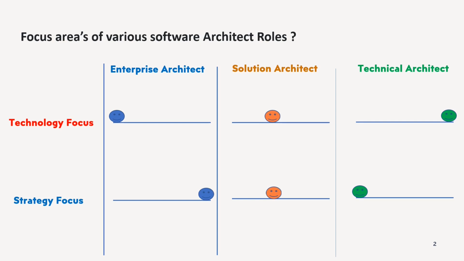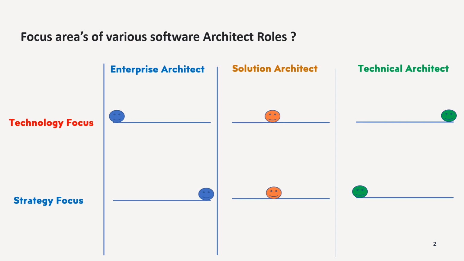But the strategy focus is not there, because if we trickle down from the top view to the bottom view, the view of a technical architect is just to focus on their applications from a tech point of view. Because if you are a developer, what we do is we are focused on our program, on our class, what we are doing.